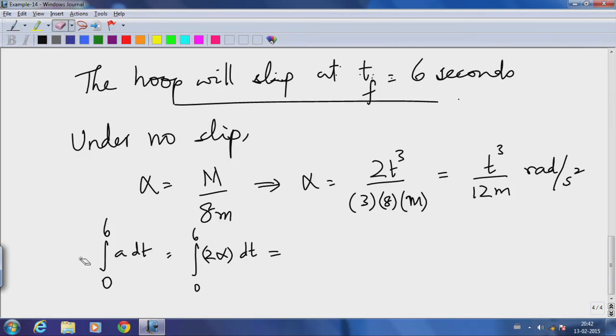More specifically, v at 6 seconds minus v at 0 seconds is equal to this, but v at 0 seconds is known to be 0.